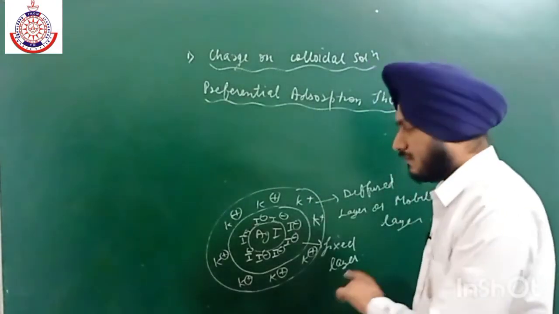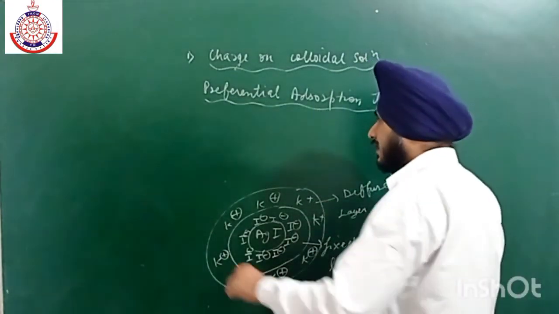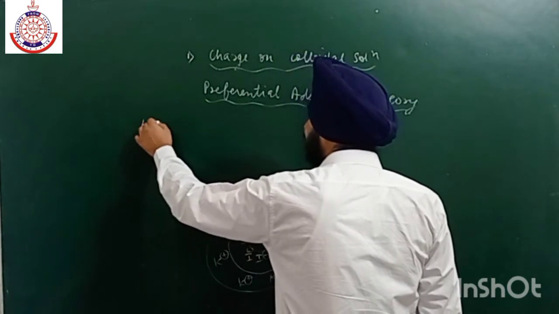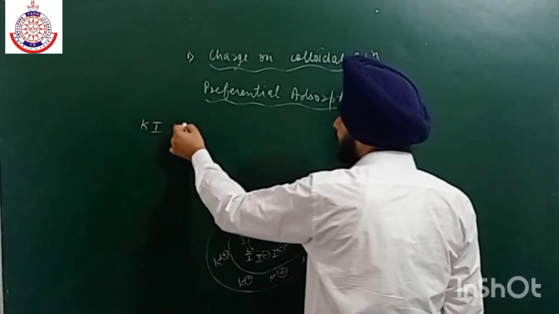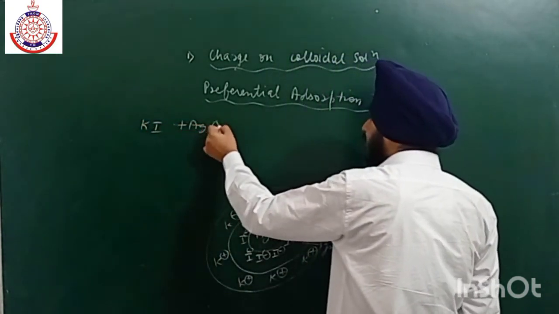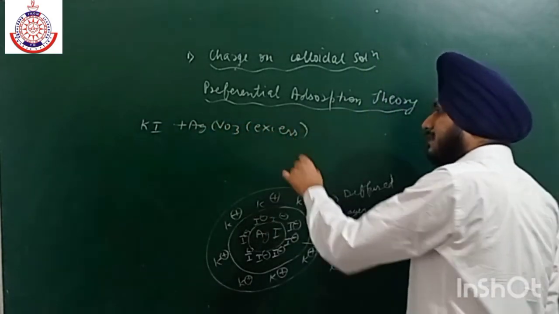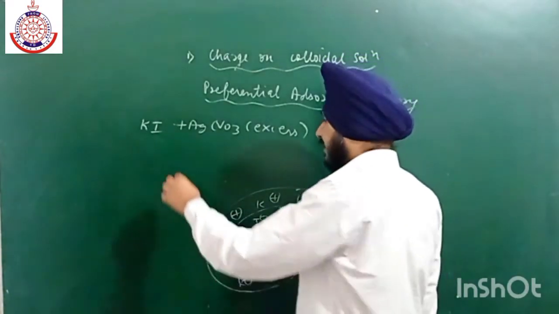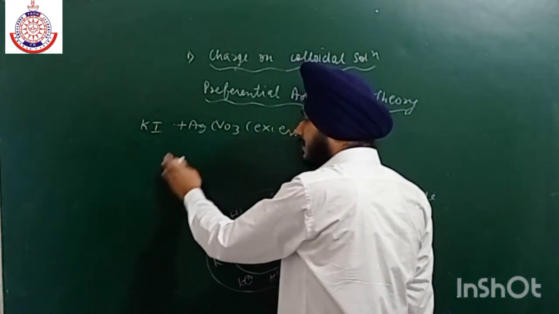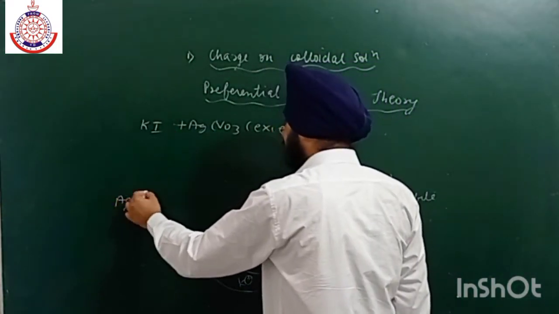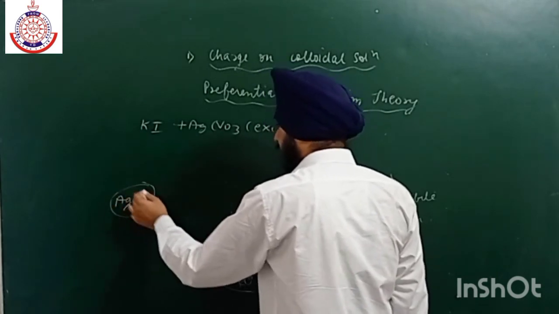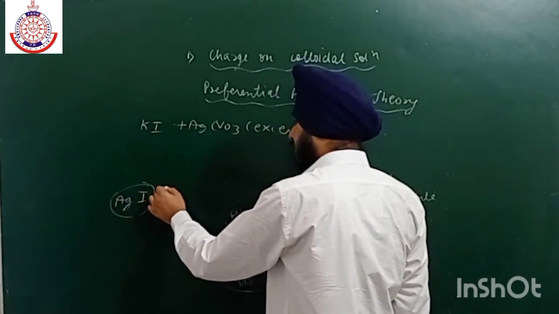Now this is one case. The second case is if we take KI solution first and we add AgNO3 solution in excess. Then the AgI which is formed will get a positive charge due to the adsorption of Ag positive.